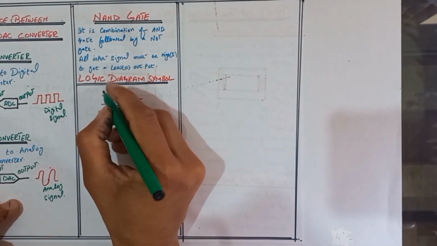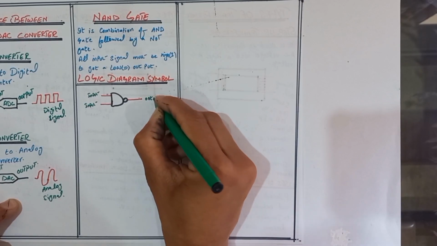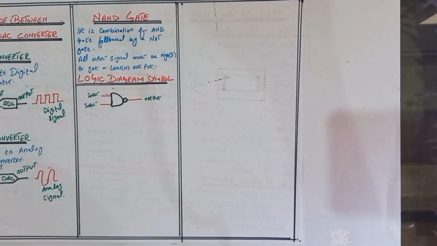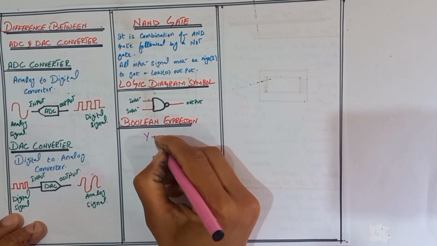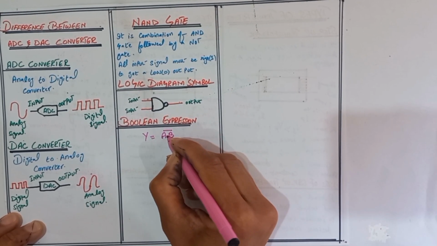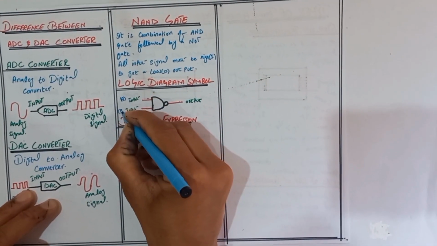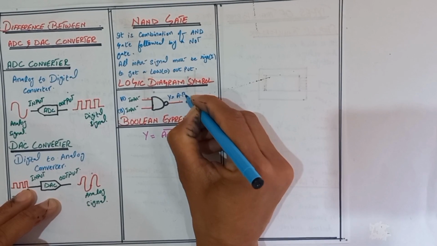Logic diagram symbol of the NAND gate: here there are two inputs and one output. In the Boolean expression, we get the output Y if we multiply A into B and take the bar. If the inputs are A and B, the output is Y = (A dot B) bar.